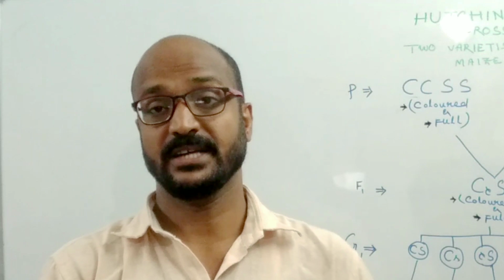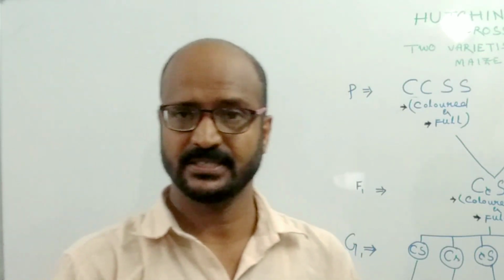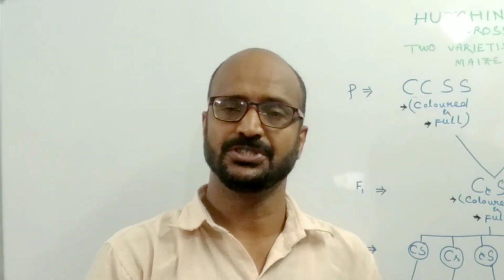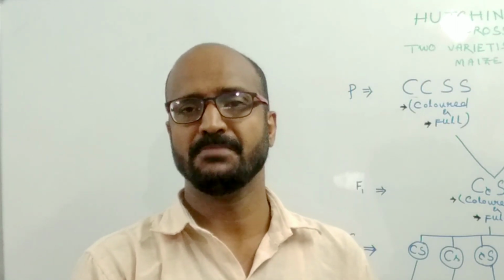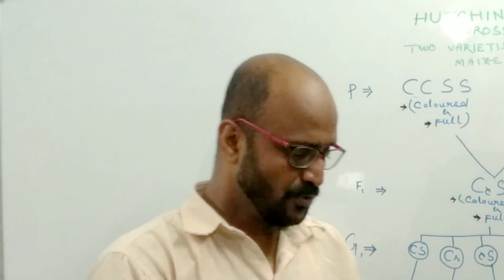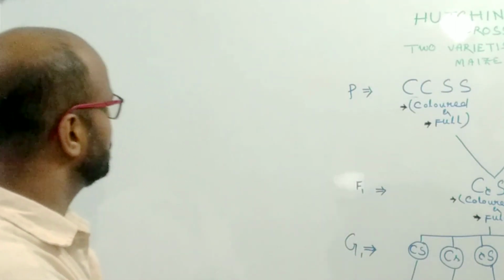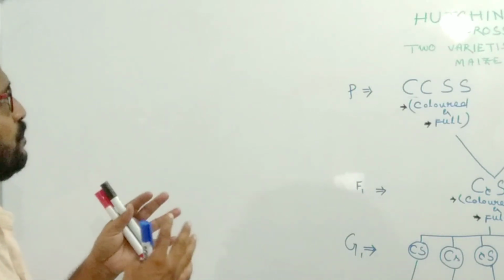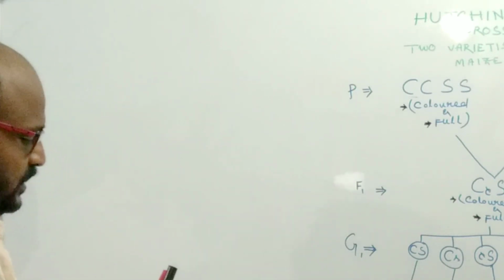Crossing over takes place at the time of formation of gametes, and the formation of gametes needs the process of meiotic cell division. So during meiotic cell division, there is the process of crossing over.